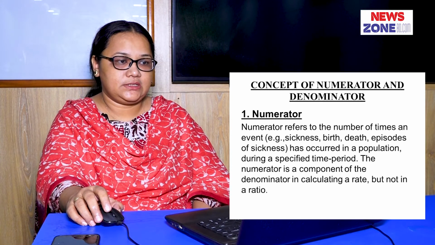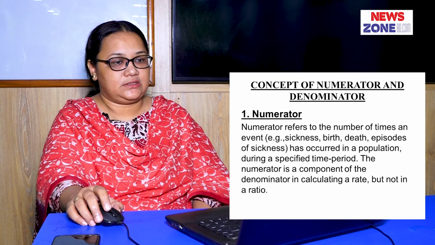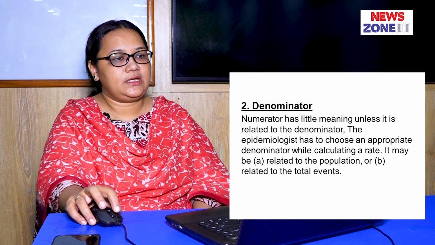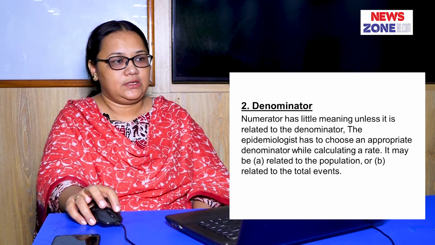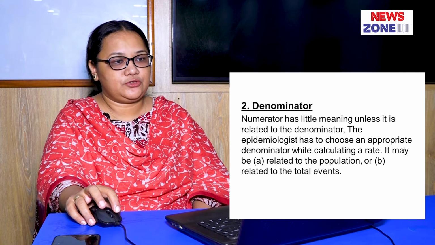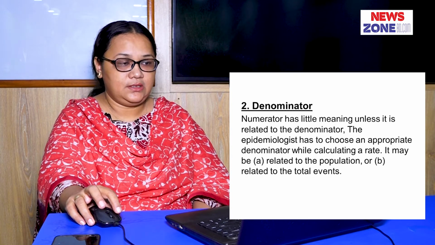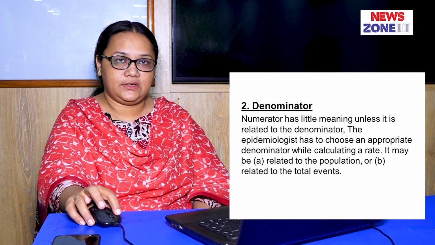The numerator is a component of the denominator in calculating a rate but not in a ratio. What is denominator? Numerator has little meaning unless it is related to the denominator. The epidemiologist has to choose an appropriate denominator while calculating a rate. It may be related to the population, or related to the total events.